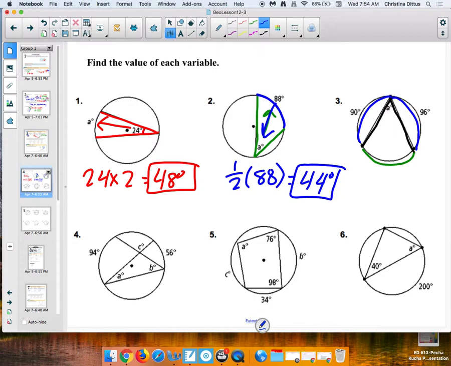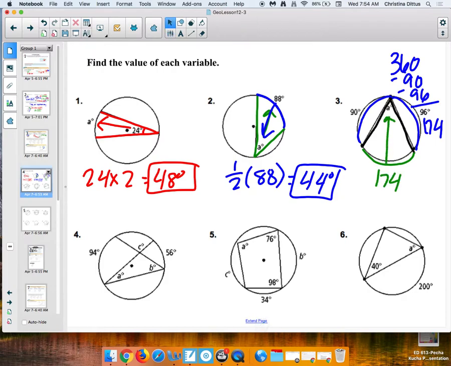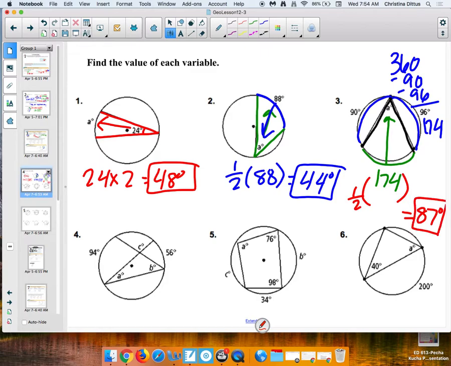So 360 minus 90 minus 96 leaves me with 174. So this green arc has to be 174. Then I bring it in to find my angle, which means I half it. Half of 174 is 87. That's the answer.